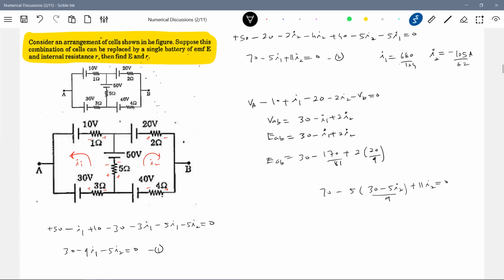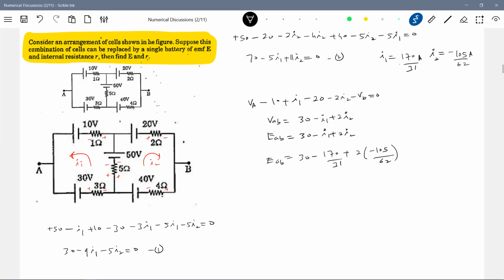But dividing by 4, 170 will come, by 31. 170 by 31, positive. Yes, sir, 31. Okay, this will be 31. This will be 2 into minus 105 by 62. Solving this, we'll get the EAB. Okay, somehow we are able to manage.